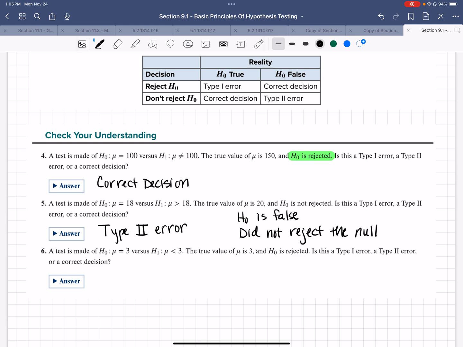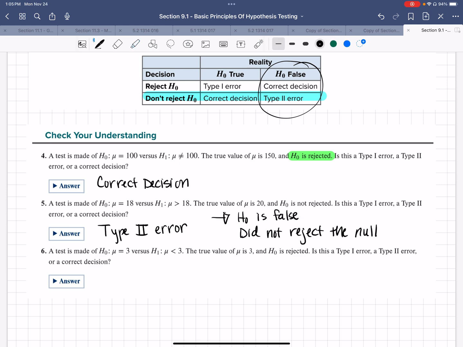If you need to, write those things down first. The null is false, so it's got to come from here, but we did not reject the null. It's got to be one of these two, so it's type 2. There's my circle, there's my highlight.